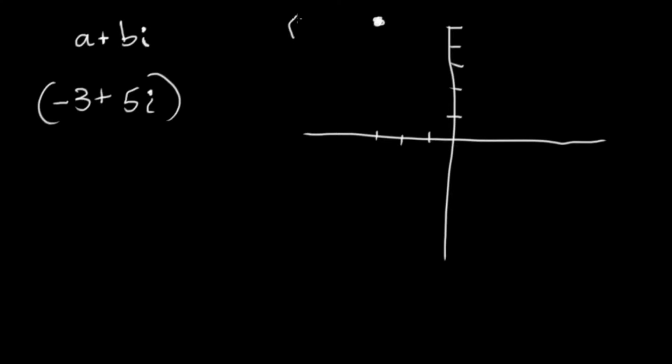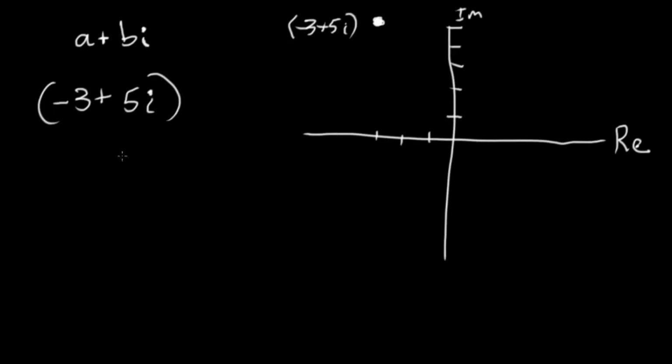Right? This is the number negative 3 plus 5i in the complex plane. And we will soon discover what this number's functional ability is in terms of dilations and rotations. You can start guessing now. Right? But before I start looking at what this is geometrically, let's do some calculations.